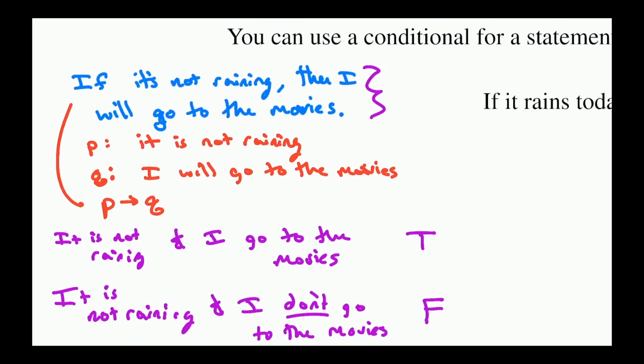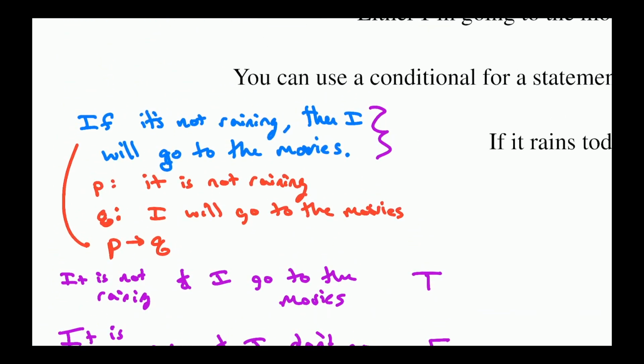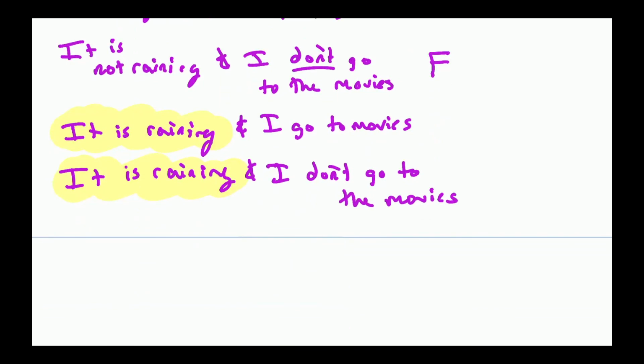And if you look at the original statement, I said, if it's not raining, then something. I only made a statement about what I was going to do if it was not raining. I didn't make a statement about what I was going to do if it is raining at all. So for these last two choices, I never said anything about it one way or the other. And that's why this comes up true, and this comes up true.